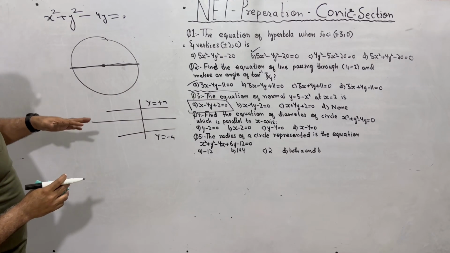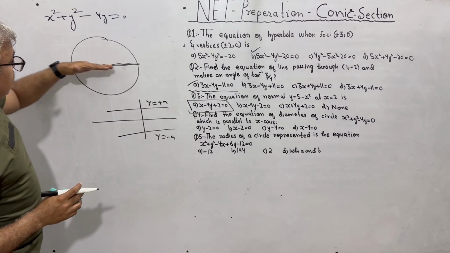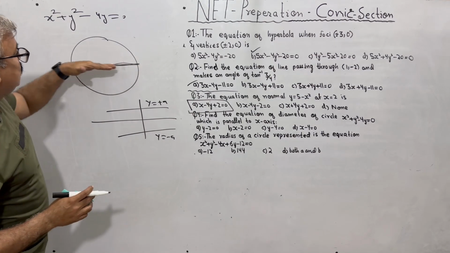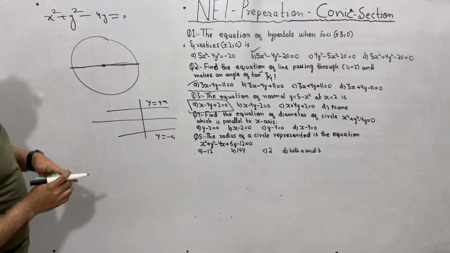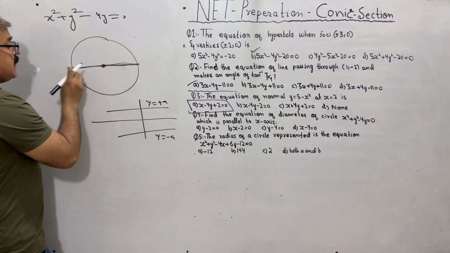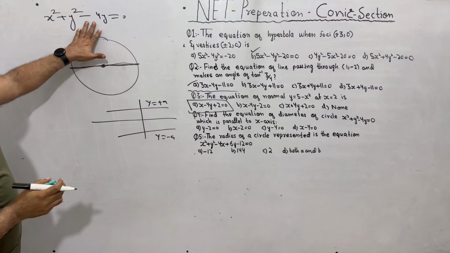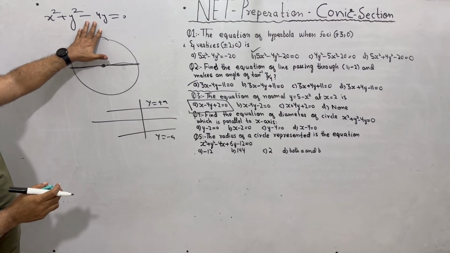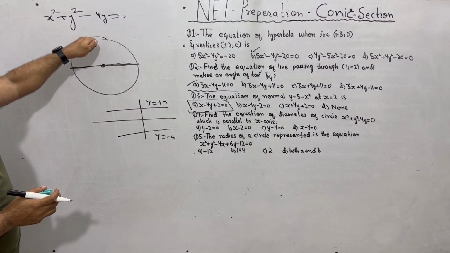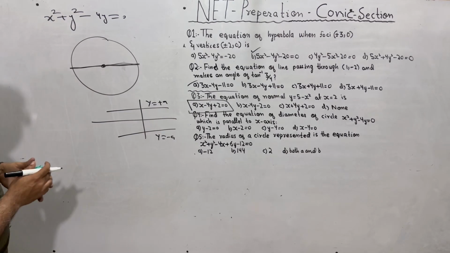And we are asked to find the equation of the diameter that is parallel to the x-axis. I have drawn it in that position. So the center of this circle is the key point for us to find the equation of the diameter that is parallel to x.